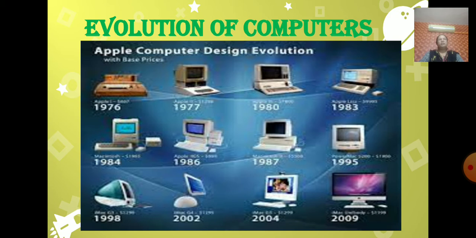Can you see here modern day computers, from 1976, 77, 80, 83, and you can see the 2009 computers also. The modern day calculating and data processing machine, that is the computer you can see around you.